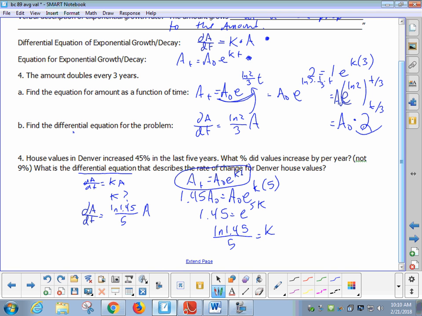The question is per year, so how much time? 1 year, okay? So if I were to say how much happens in 1 year, then what is e to the k? Which actually I guess would be 1.45 to the 1/5 or something like that. What is it? e to the k, please. e to the natural log of 1.45 over 5.